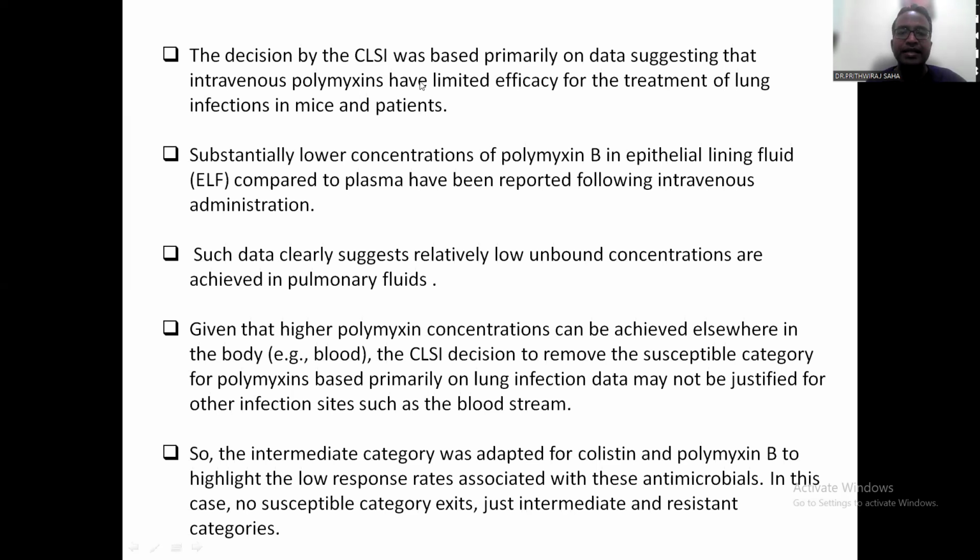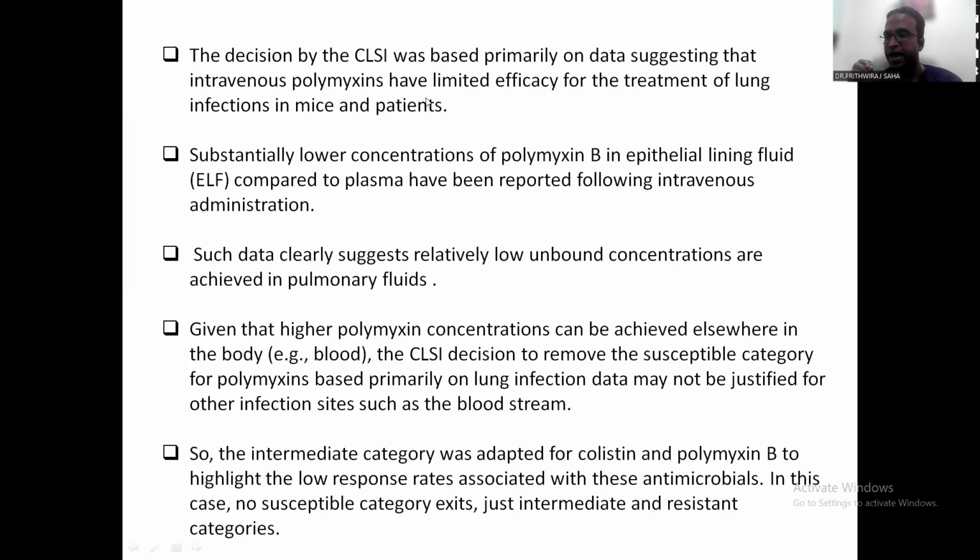The decision by the CLSI was based primarily on the data suggesting that intravenous polymyxin has limited efficacy for the treatment of lung infection in mice and patients.